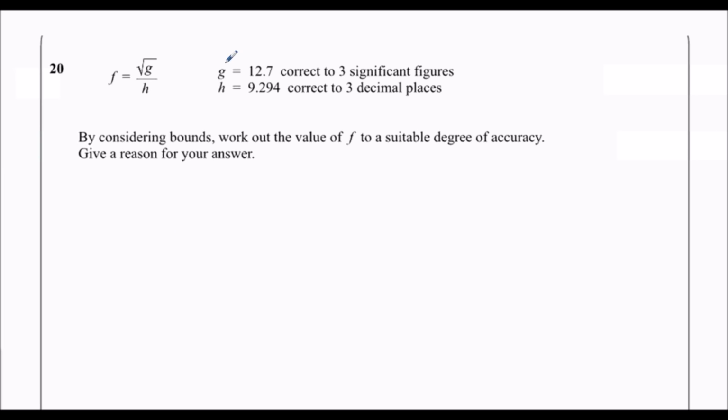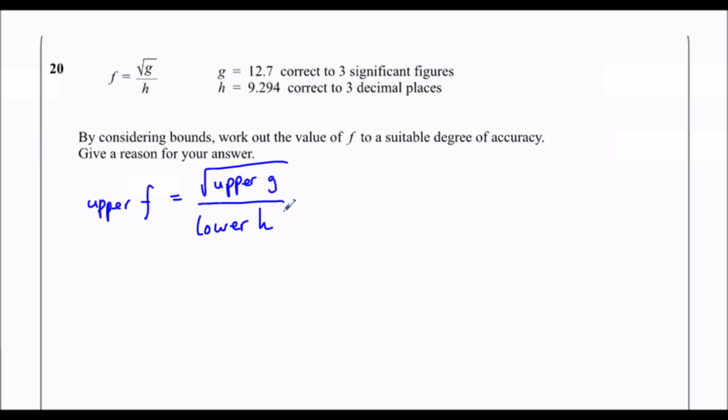We're going to get the upper bound for f. So the upper bound for f is going to be the square root of the upper bound for g. When we want a bigger answer, we divide by a smaller number. So divided by the lower bound for h.